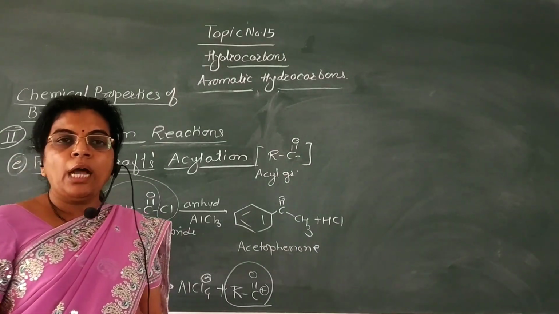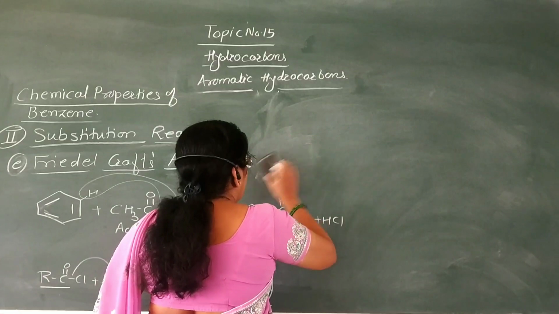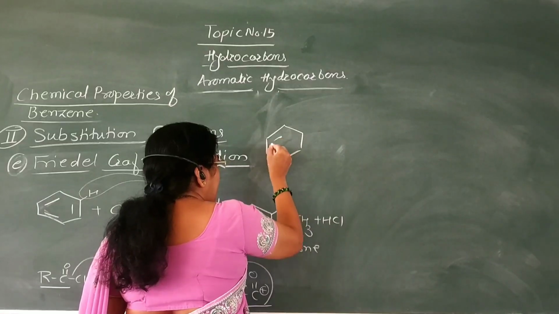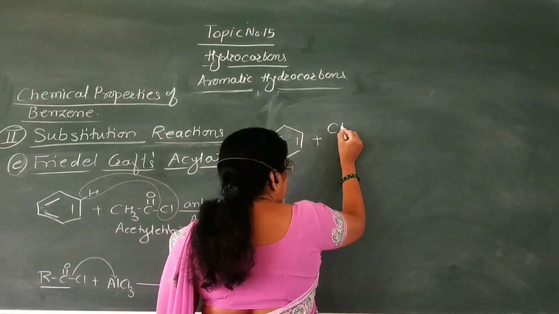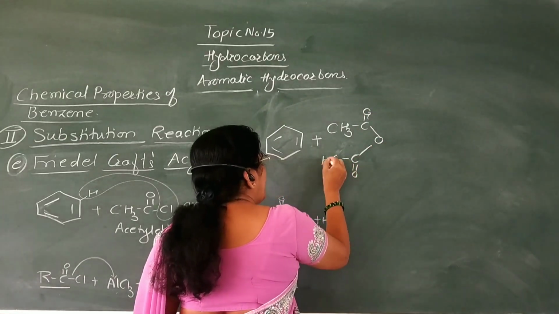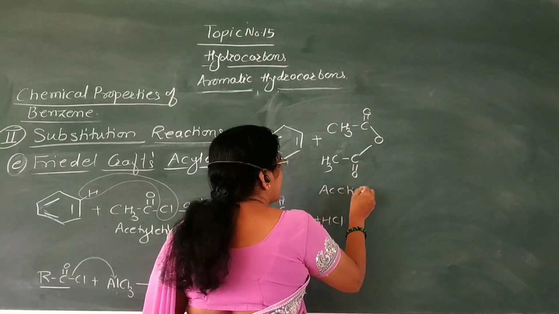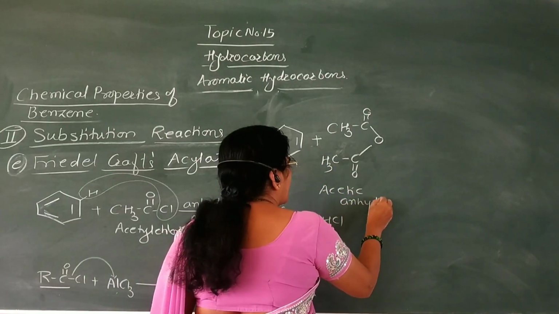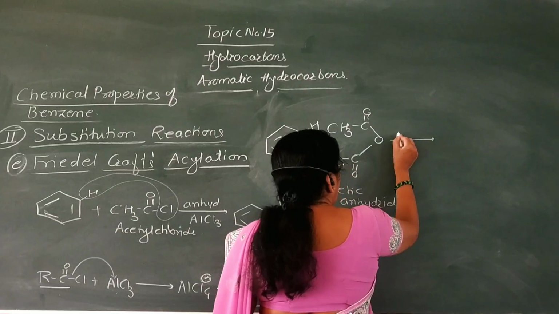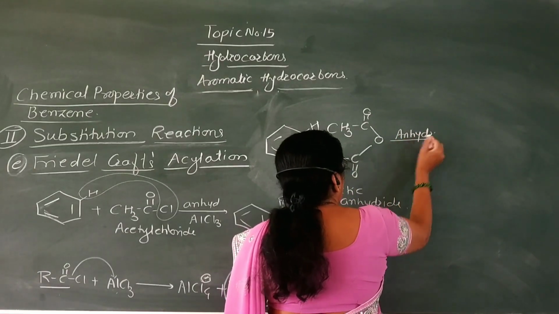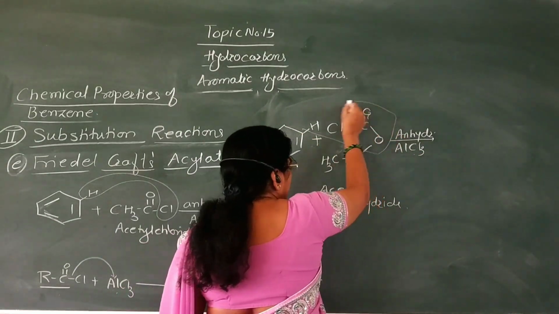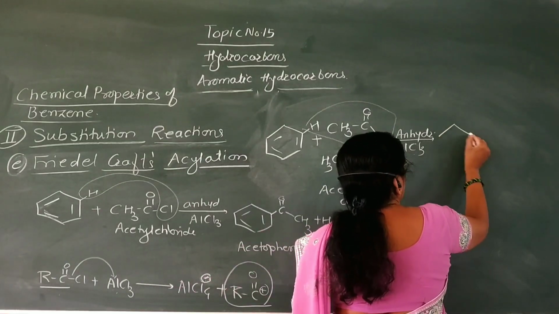Now the acetylation of benzene is also carried out by using acetic anhydride. The structure of acetic anhydride is like this: CH3CO-O-COCH3. This is acetic anhydride. And when this acetic anhydride is treated with benzene in presence of anhydrous AlCl3, the hydrogen atom from benzene is replaced by this COCH3 group to form acetophenone.